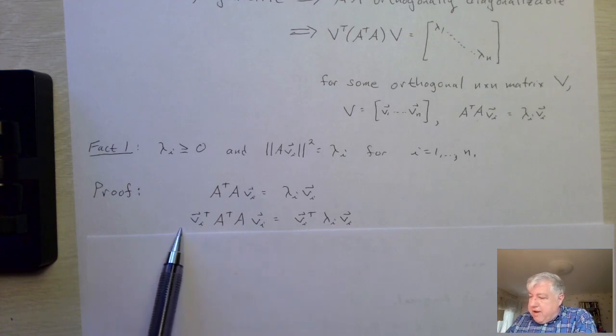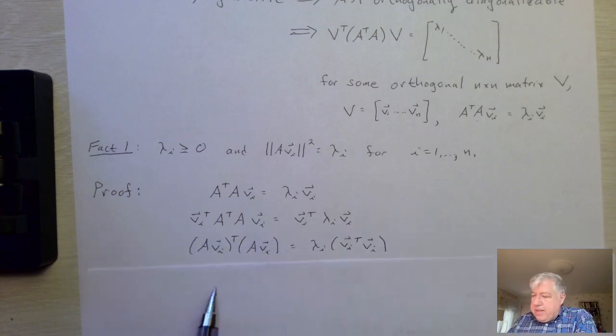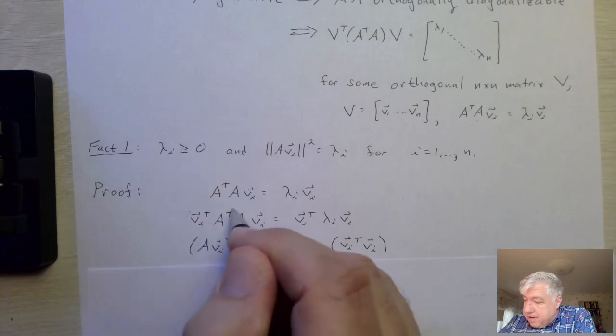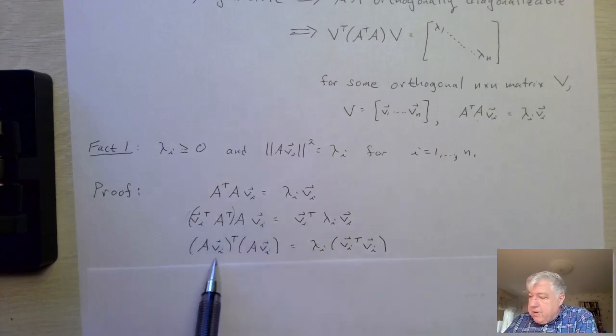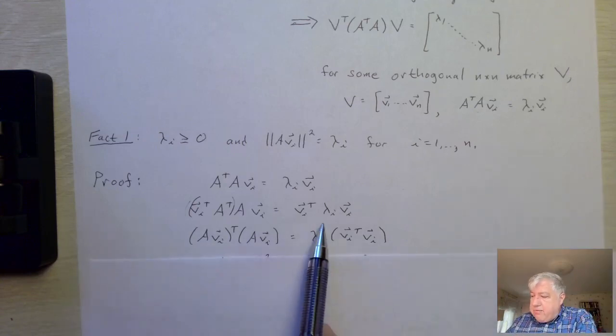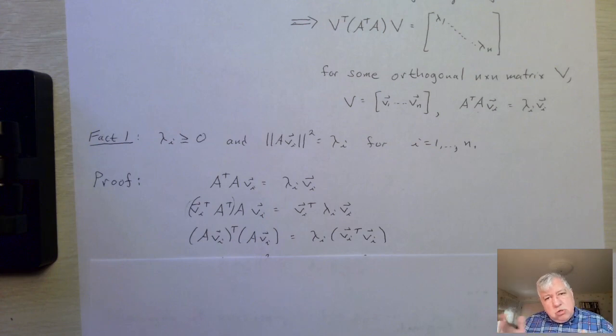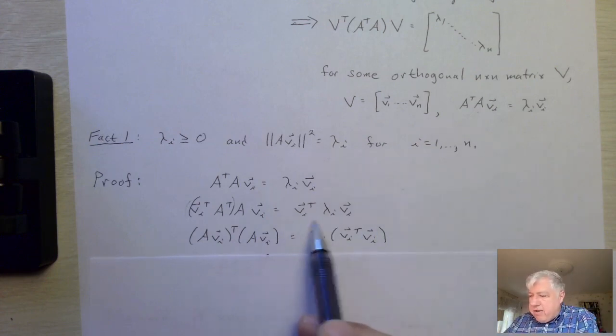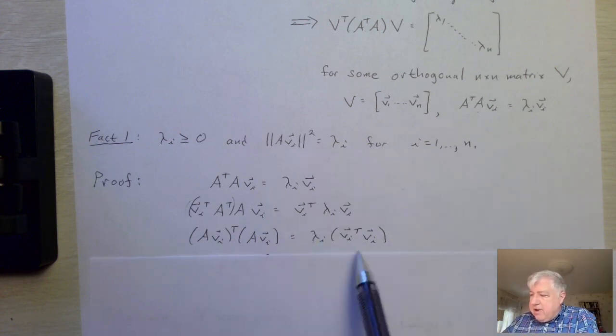So we have Vi transpose times both sides. By the properties of transpose, the left side can be written as the transpose of A Vi times A Vi. On the other side, lambda i is just a real number, so we can pull it out in front, and we get Vi transpose times Vi.